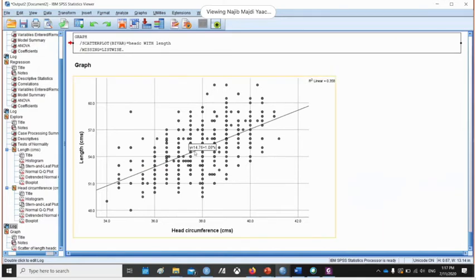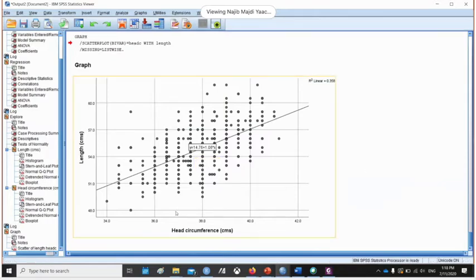So this is the regression equation: Y equals 14.76 plus 1.06 multiplied by x. It indicates that for every 1 unit increase in head circumference, the length will increase by 1.06 unit.